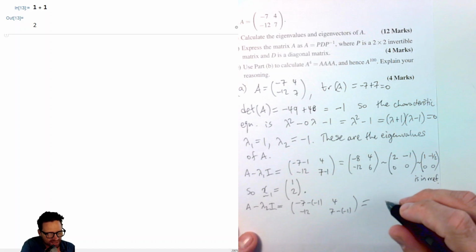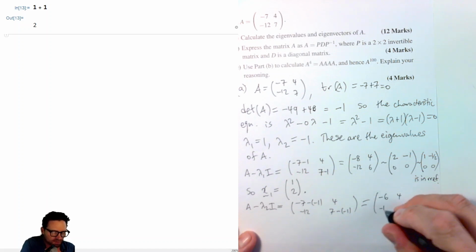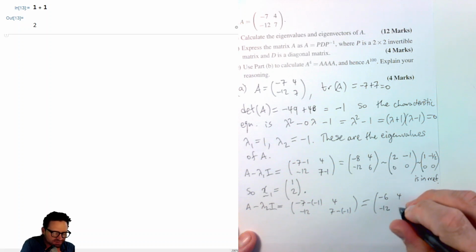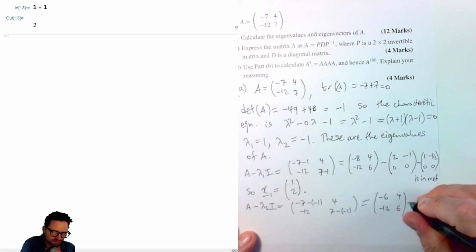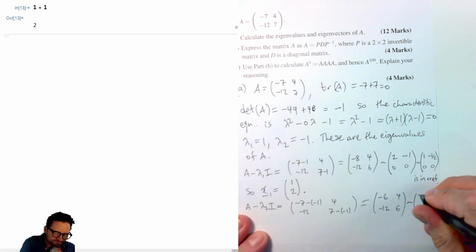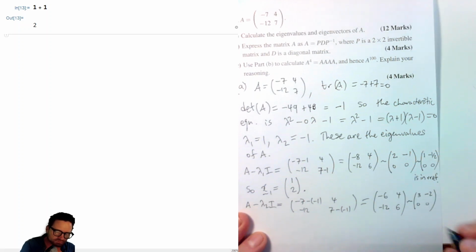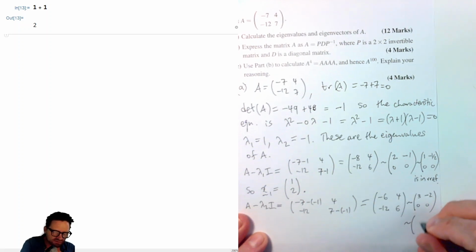And so we get minus 6, 4, and minus 12, 6. Okay, so this is row equivalent to (3, -2, 0, 0). And if you like the row reduced echelon form, it's (1, -2/3, 0, 0).